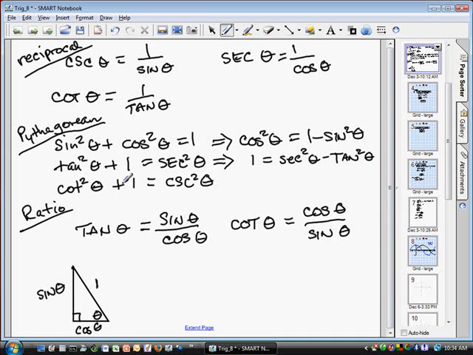Look right here. If you took this guy and subtracted 1 from both sides, wouldn't you have this? Does everybody see that? From here to here, if you subtract 1 from both sides, wouldn't you get this? So what can I substitute for cosecant squared minus 1?